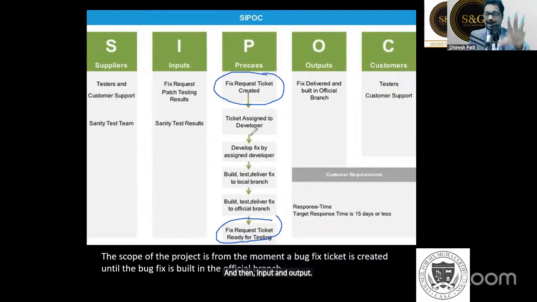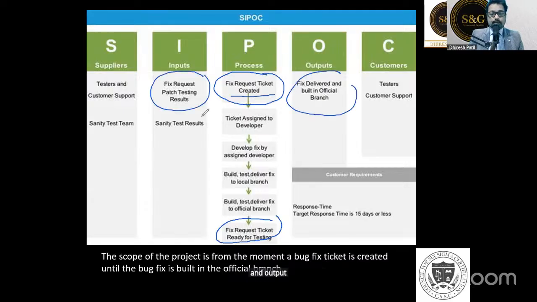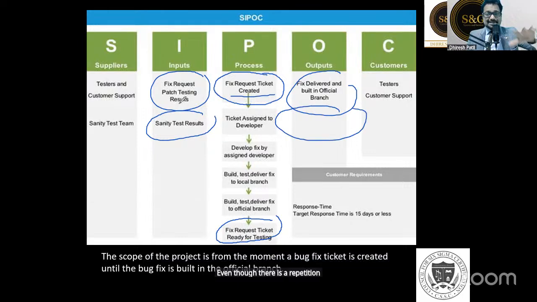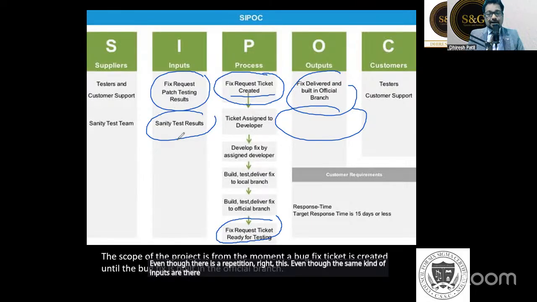Ideally, because they have done it this way, but ideally I would recommend that for every step, you write your input and output separately. They have not done it like that, but you can do it like this. Even though there is a repetition, and even though the same kind of inputs are there, still write each and every input separately.